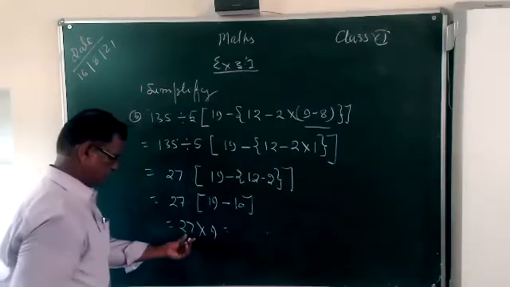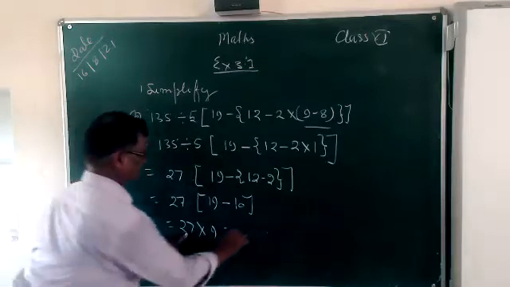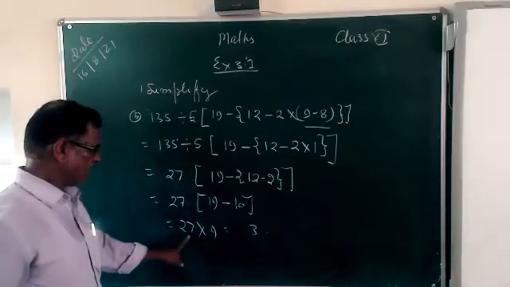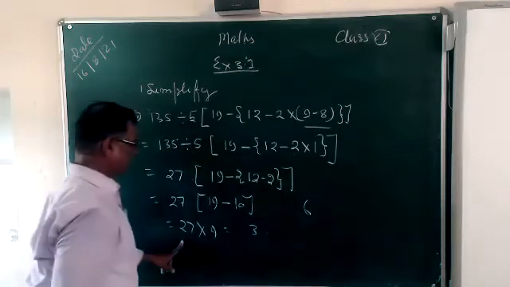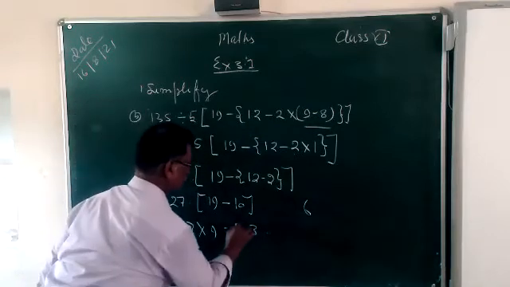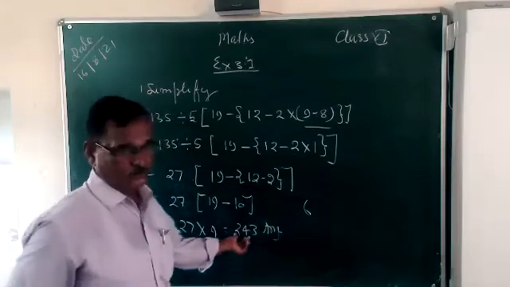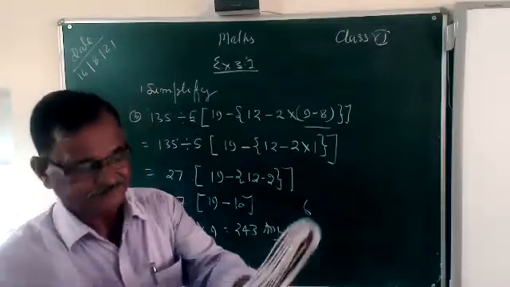Now multiply: 9 multiplied by 7 is 63, 3 right, there is 6, and this is the 18 and 6, 24. Your answer coming 243. See next question.